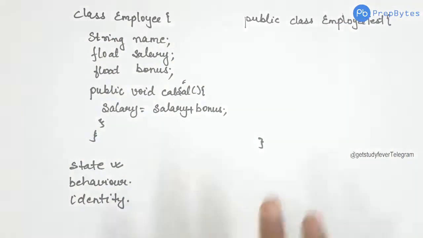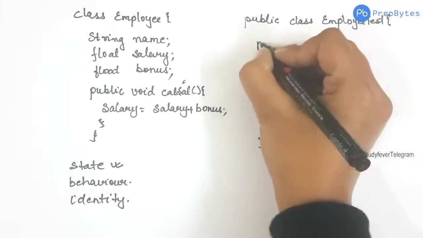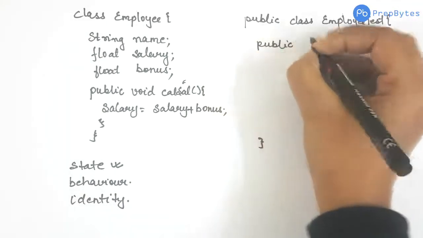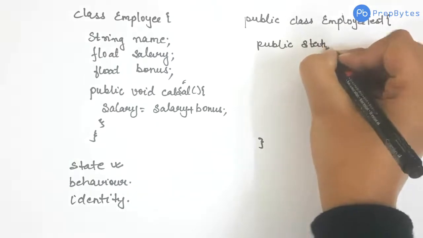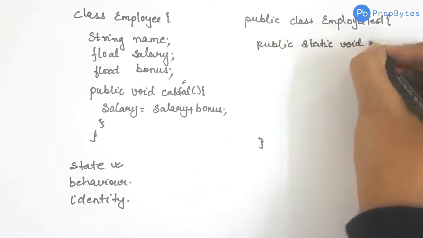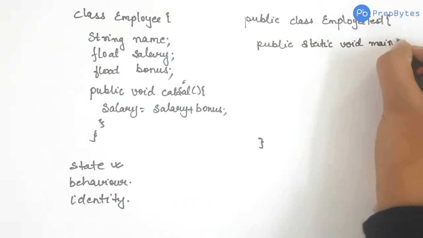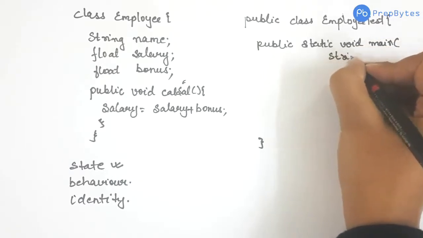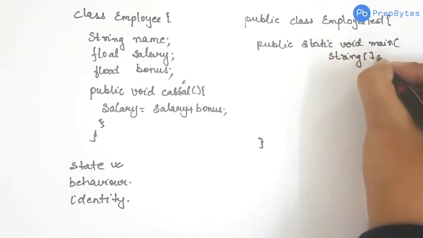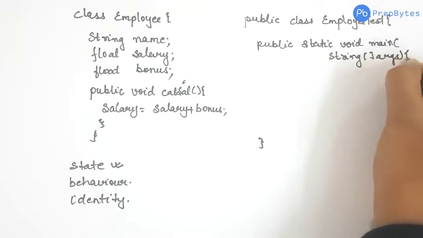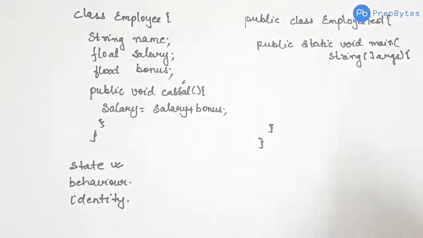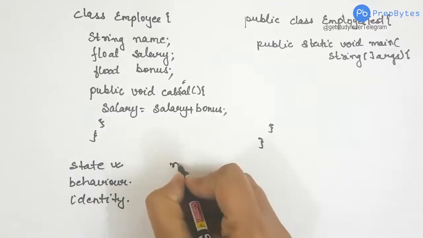Now let's say this is my public class. I will have a main function here. Whenever we have to create a new object, we use the term new.